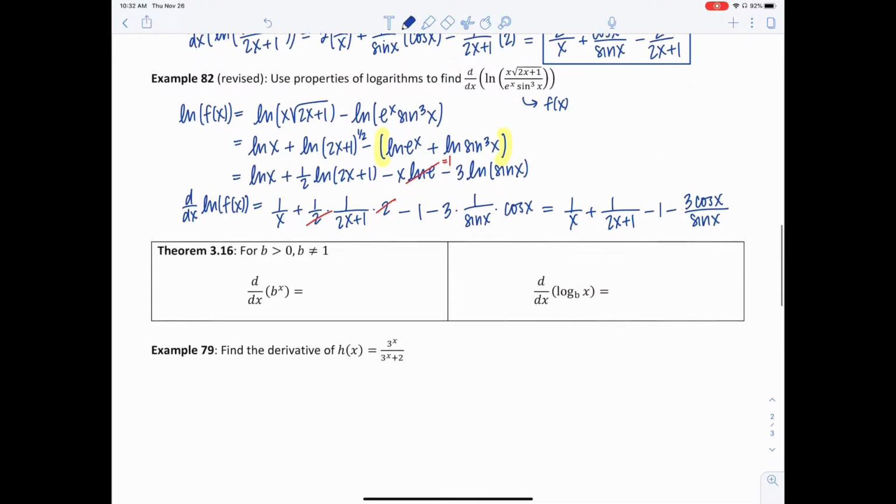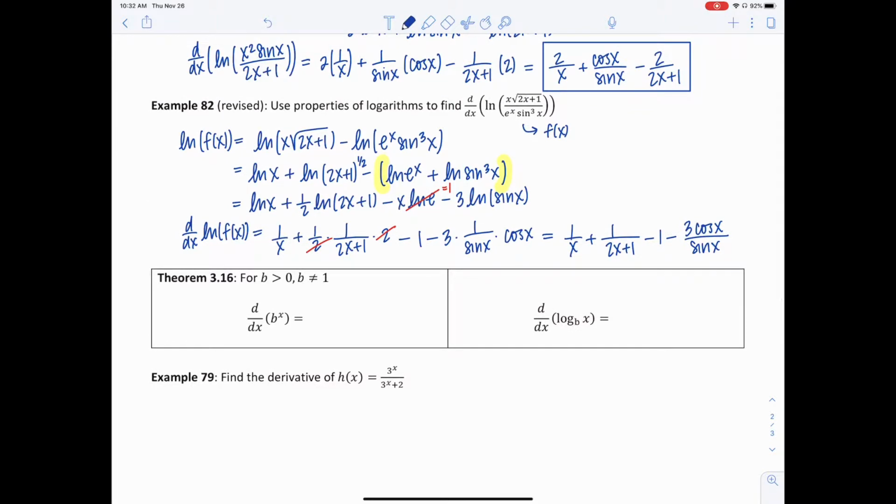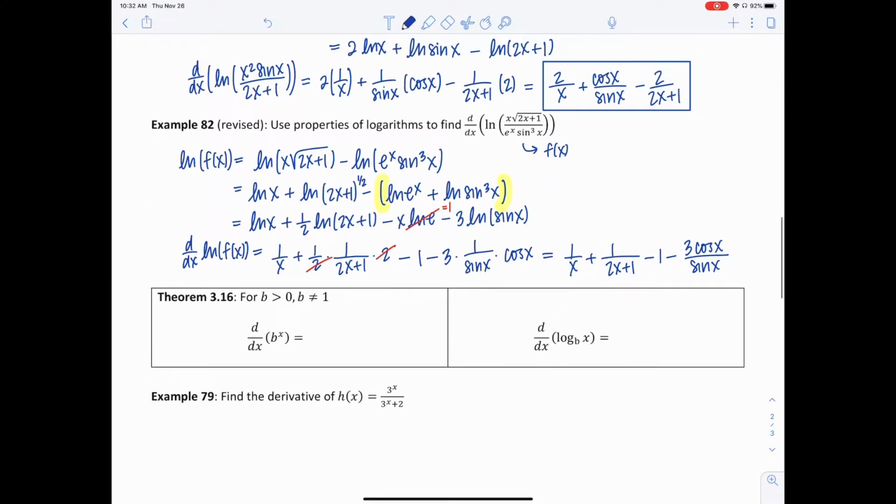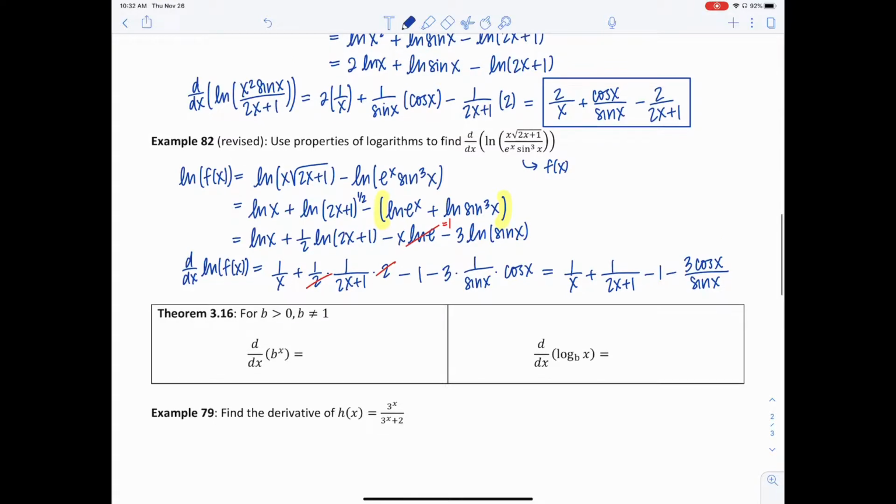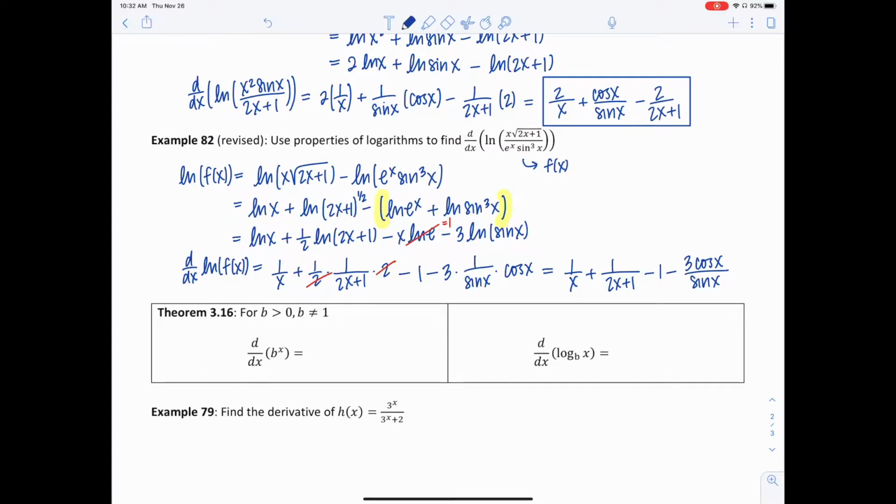By the way, let's actually rewrite this as a single trig function. Cosine of x over sine of x is cotangent.